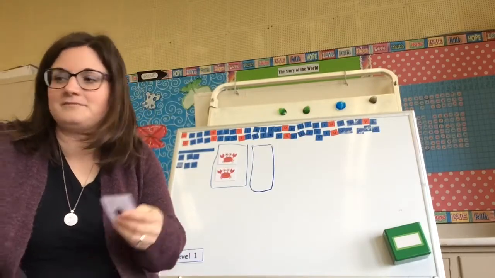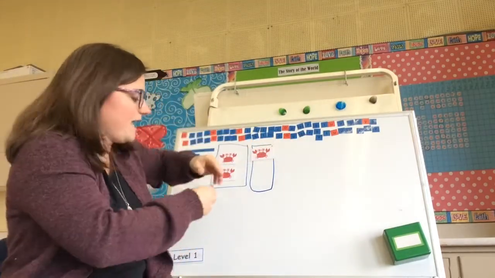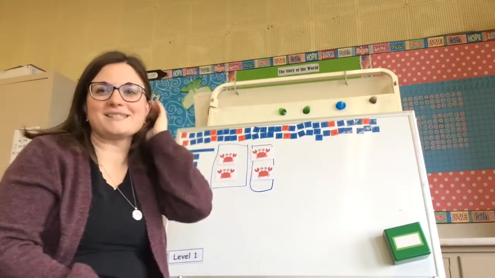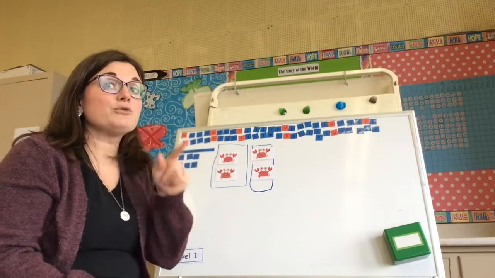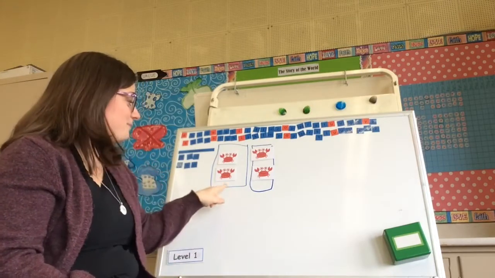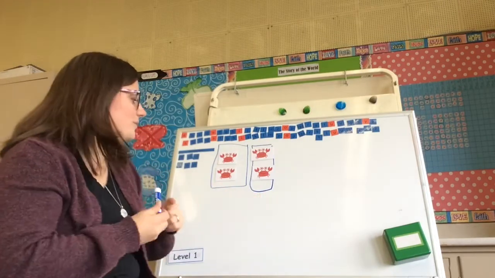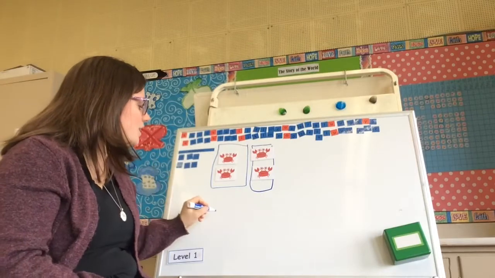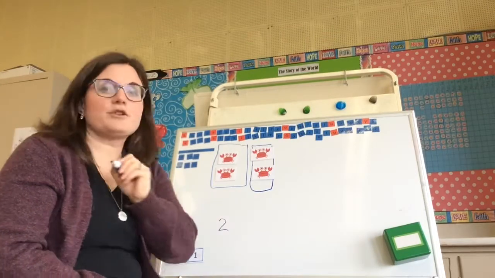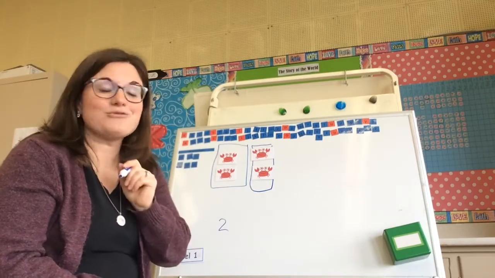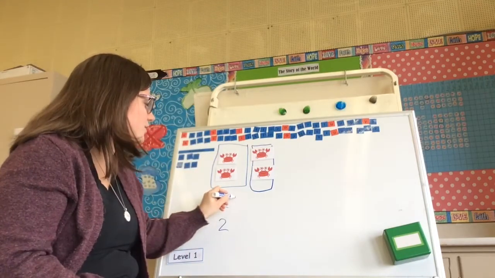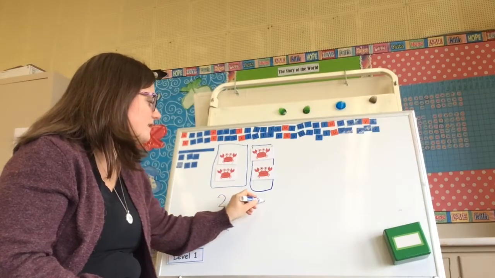Okay, and how many crabs do I have in this box? 2. So I have how many groups of crabs? 1, 2. So I have 2 groups of crabs, okay? And there are 2 in each group. So I can write this as 2 plus 2.